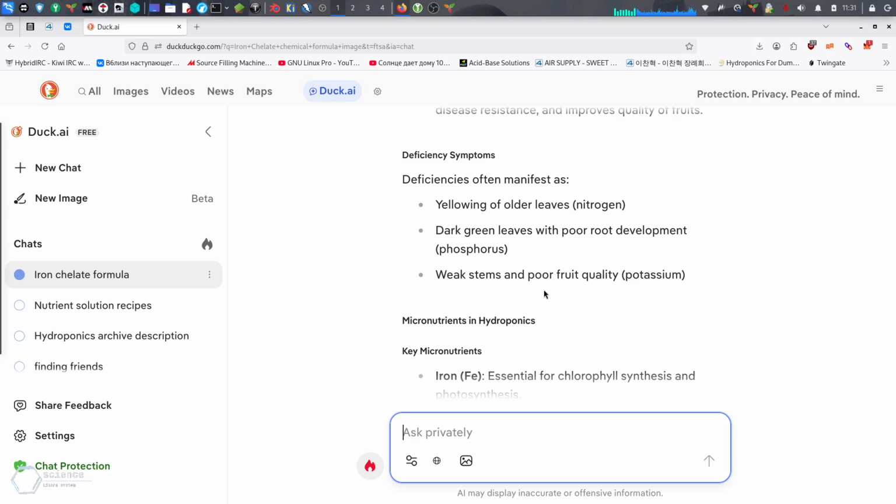Deficiencies often manifest as symptoms, yellowing of older leaves. This means nitrogen needed. Dark green leaves with poor root development. Dark green leaves means we need phosphorus in nutrient solution. Weak stems and poor fruit quality. Potassium.